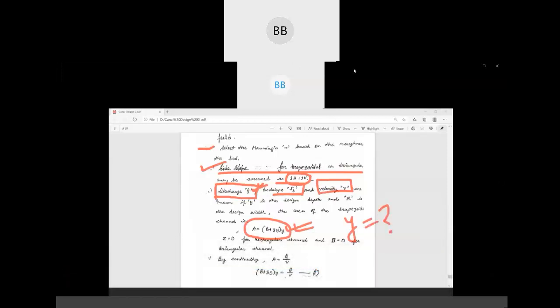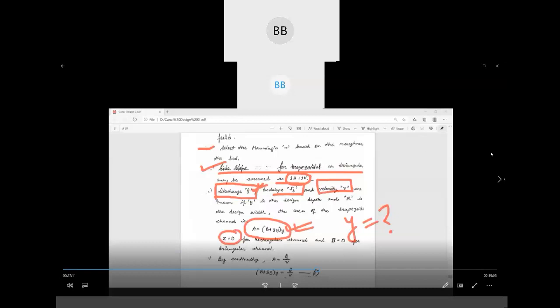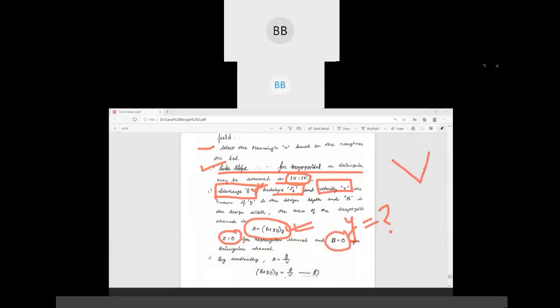z we are going to consider 0 for a rectangular channel, and the width of the channel we are going to consider 0 for a triangular channel. If the channel is triangular, then we don't have any bottom width, so we consider 0. This expression is nothing but the expression of a trapezoidal channel. Most likely we always prefer a trapezoidal channel.